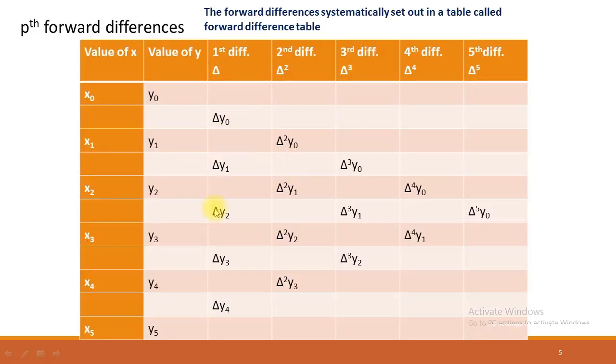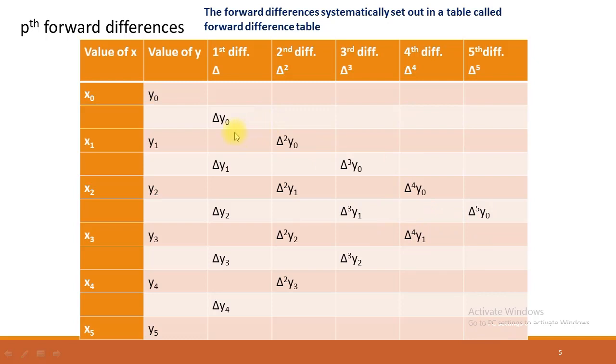Now to find the derivative of the function on the basis of Newton forward difference interpolation formula, first of all construct the differences table. For the differences table, put the value of x in the first column and the value of y in the second column, and then find the first differences column, second differences column, third differences column, fourth differences column, and so on.